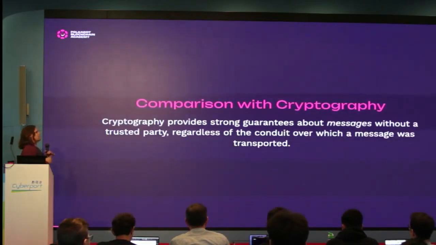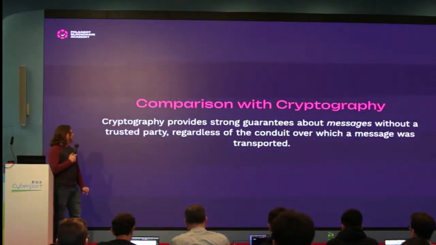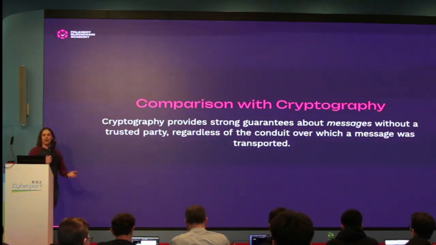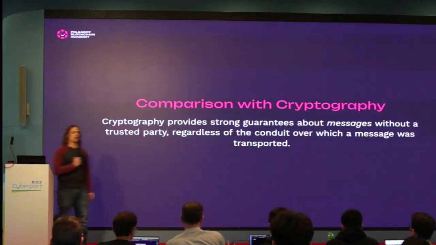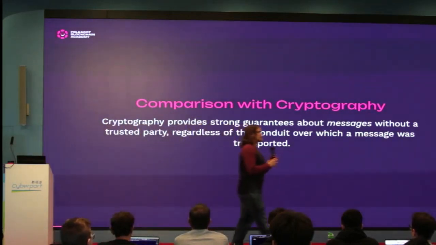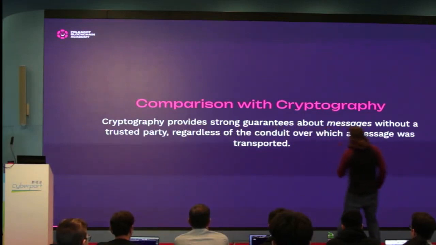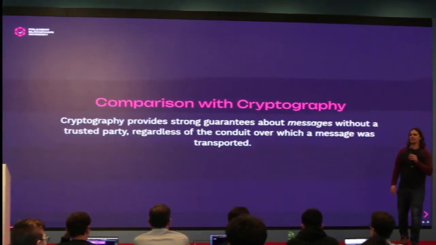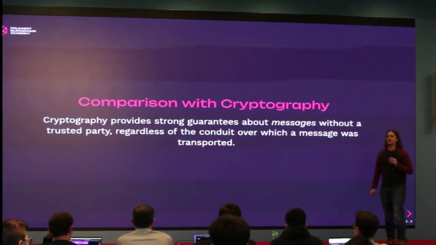Let me make an analogy to crypto, because you guys all did crypto last week. Cryptography provides really strong and hard guarantees, mathematical kinds of guarantees about messages, like DMs. If I want to send you an email or a DM, I can send it to you with cryptography, and then you have all these guarantees. Somebody yell out, what were one of the guarantees if I send you a signed encrypted message? What do you know about it?